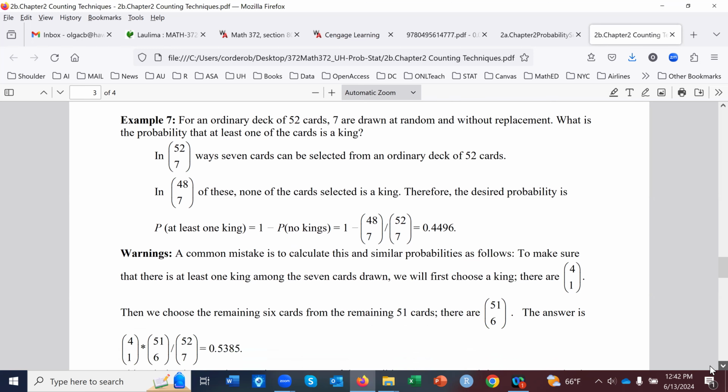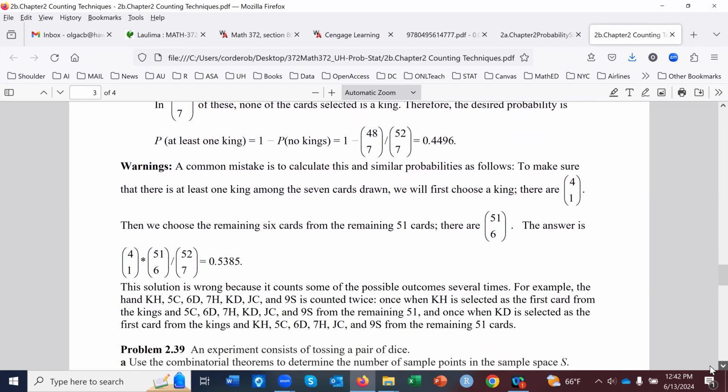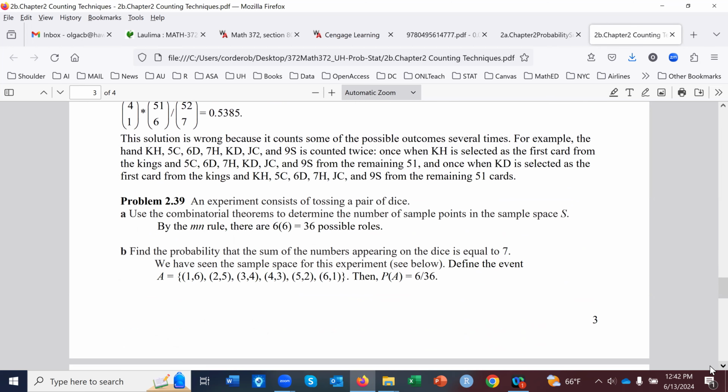You will read this. There are some problems that I added solutions for. For example, tossing a pair of dice, that's famous. For the combinatorial, this is what it means: the probability that the numbers appearing on the dice sum to 7. These are the points in the sample space where the sum equals 7.